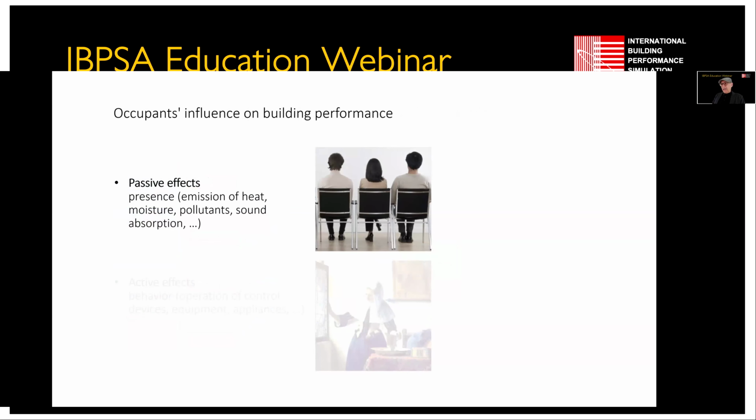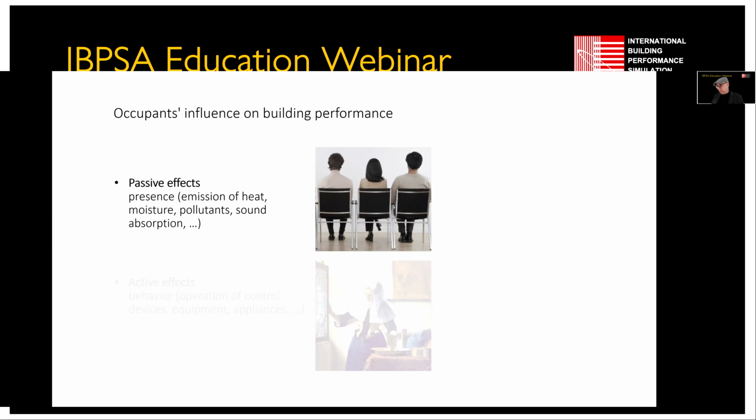So again, going back to the basics, people obviously influence the performance of buildings. I once referred to the two types of effects. We can generally refer to the passive effects. Those are effects that occur by the sheer presence of people in the building, even if they don't do anything, just by their presence, as long as they're alive and breathing.